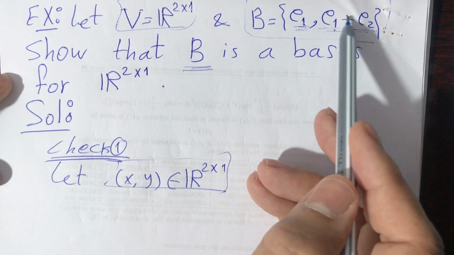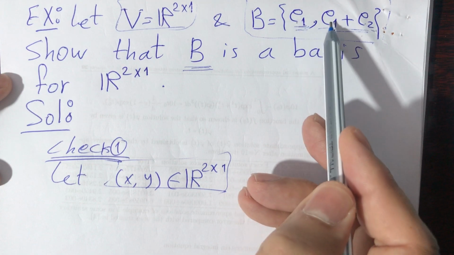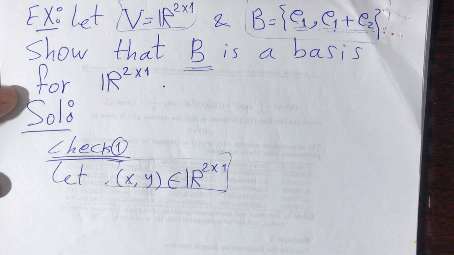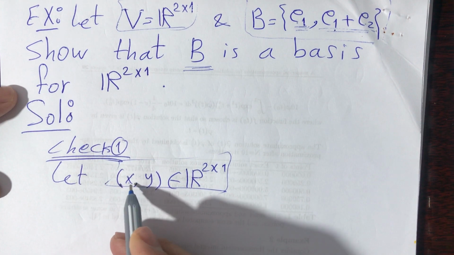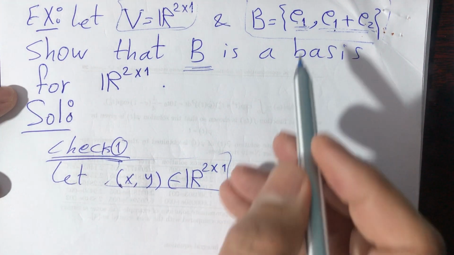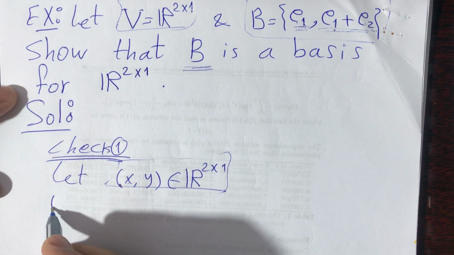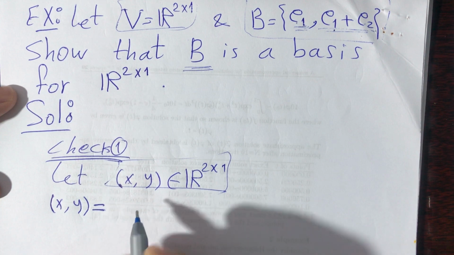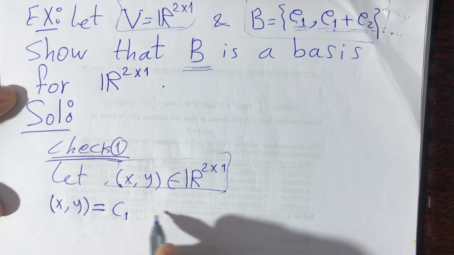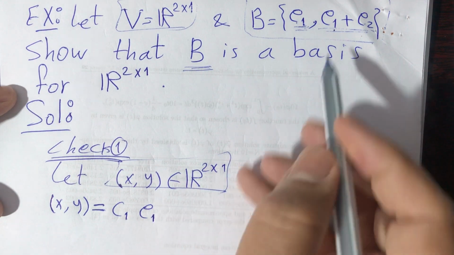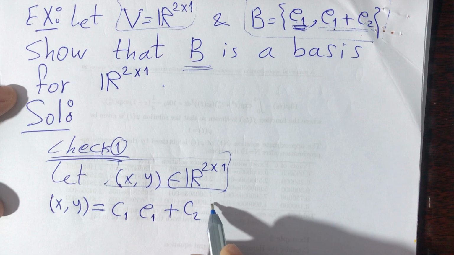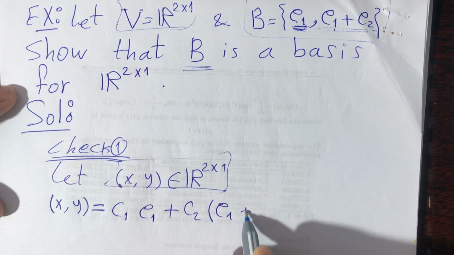In the previous example it was just E1 and E2, and here it is E1 and E1 plus E2. They are different. So how can I write this point as a linear combination of these? I can write (x, y) equal to C1 E1, this is the first element, plus C2 times (E1 plus E2).